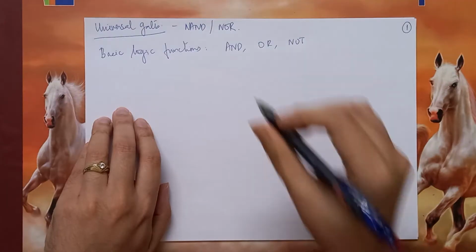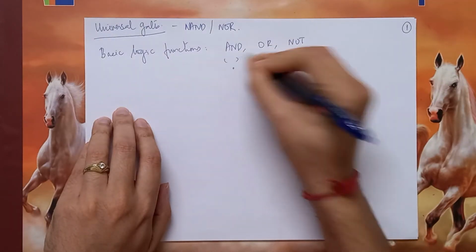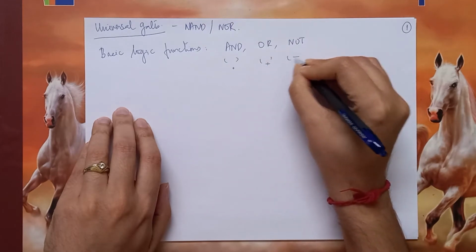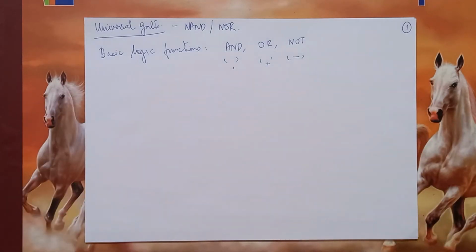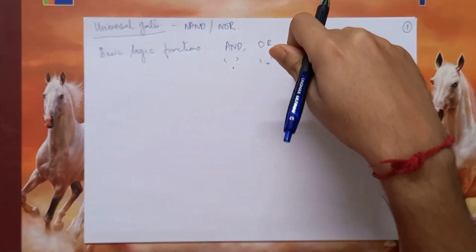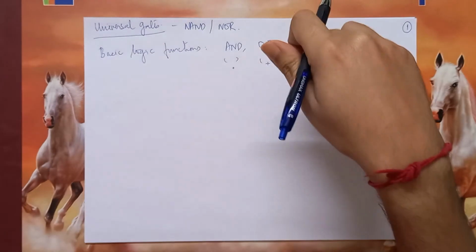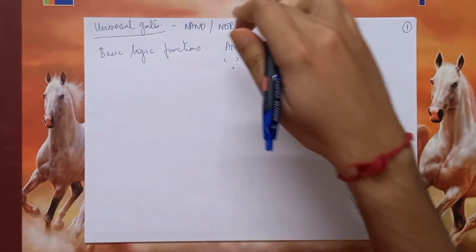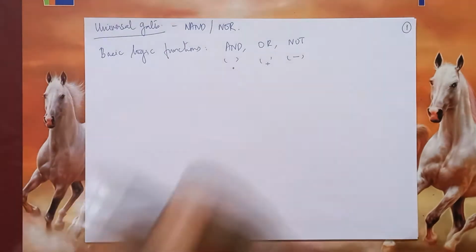If I write them symbolically, it will be the dot, the plus, and the bar or the complement. So if we are able to realize each of these functions individually using only NAND gates or only NOR gates, we are done.